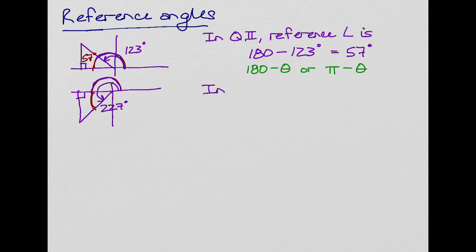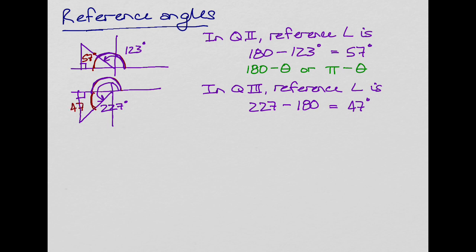So for angles in quadrant 3, I can find a reference angle by subtracting my original angle, 227, minus quadrants 1 and 2, 180 degrees. Here, that gets me 47 degrees that are inside the triangle. So my reference angle is 47 degrees.